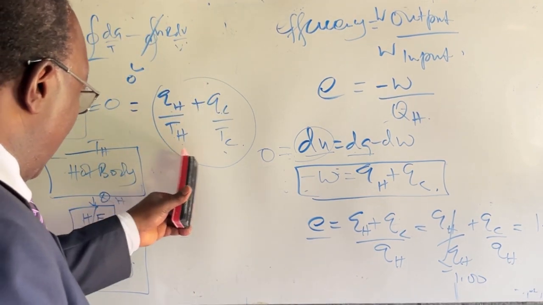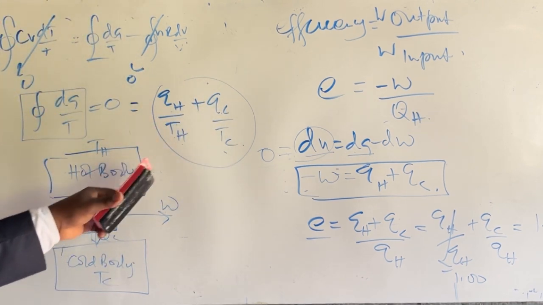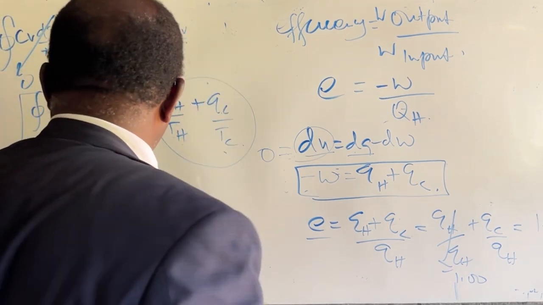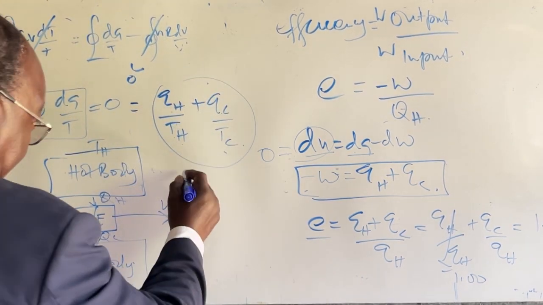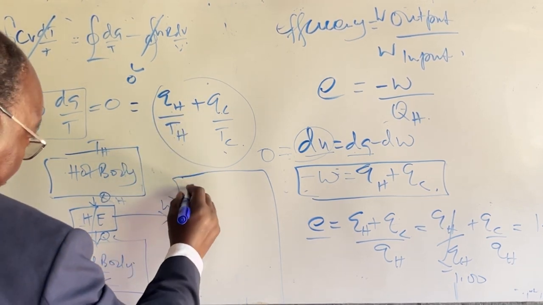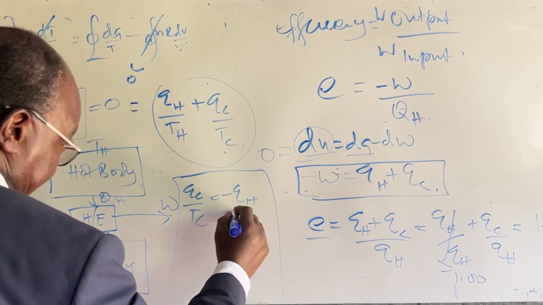And of course, you can express it in terms of temperature, because you are able to relate temperature to Q. We have QC over TC is equal to minus QH over TH.